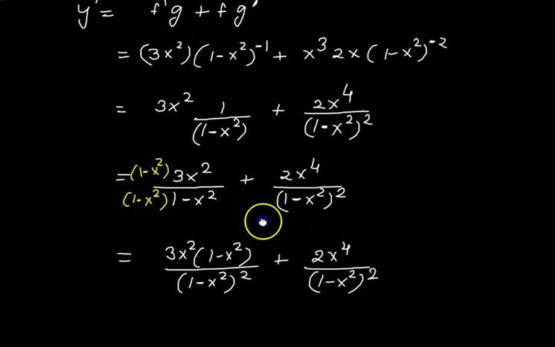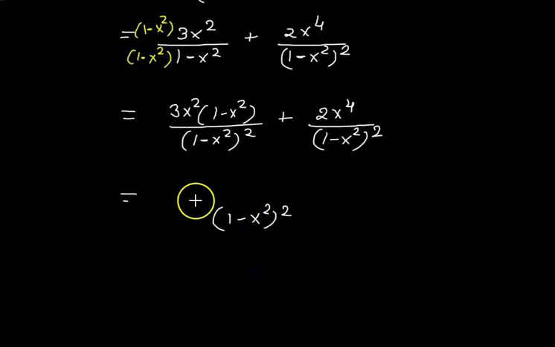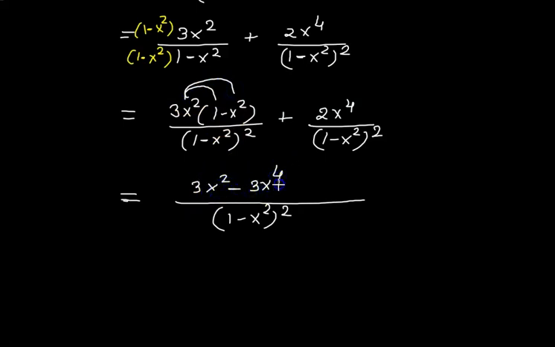Now you can see both the denominators are the same. They can share the same space. On the top, we can simplify it. Multiply 3x square inside. It gives you 3x square minus 3x to the 4 plus 2x to the 4.